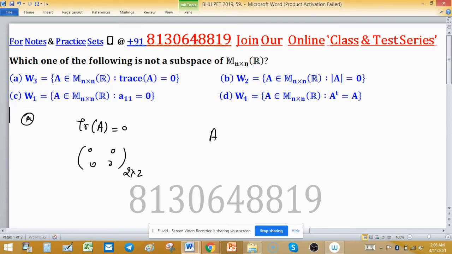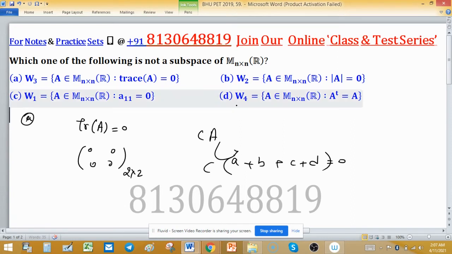Also, if A is in W3, then CA will be in W3 because the diagonal elements will be scaled by the same element C. So again the trace will be 0. You can consider the diagonal elements A, B, C, D, and multiply these diagonal elements by C, then their sum will again be 0 because of the distributive property.